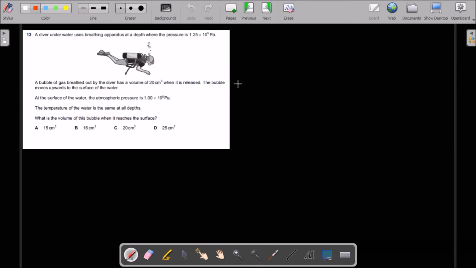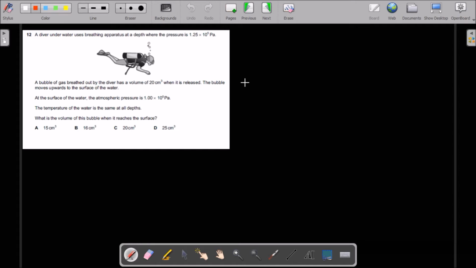Question 12. A diver underwater uses breathing apparatus at a depth where the pressure is 1.25 times 10 to the power 5 Pascal. A bubble of gas breathed out by the diver has a volume of 20 centimeter cube when it is released. The bubble moves upwards to the surface of the water. At the surface, the atmospheric pressure is 1 times 10 to the power 5 Pascal.